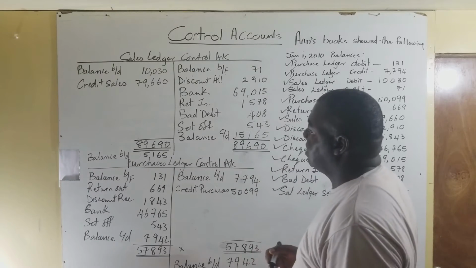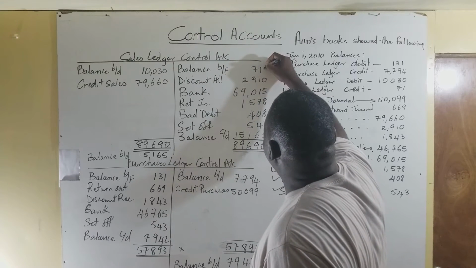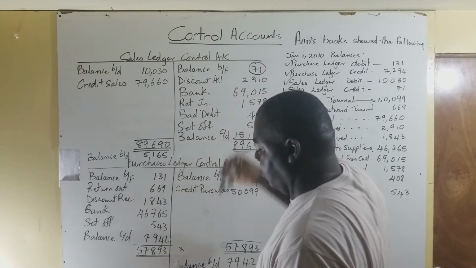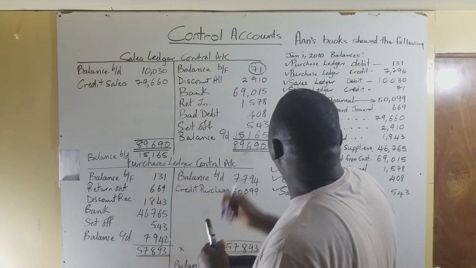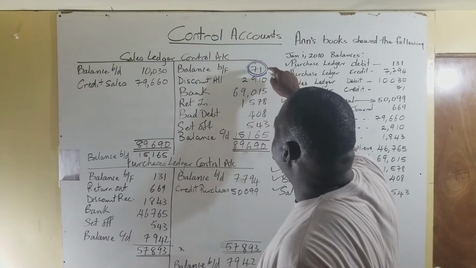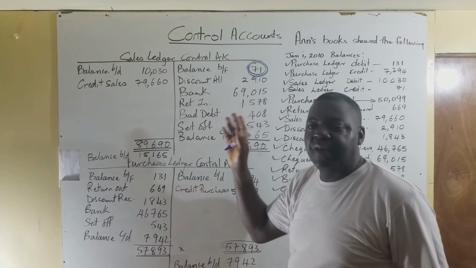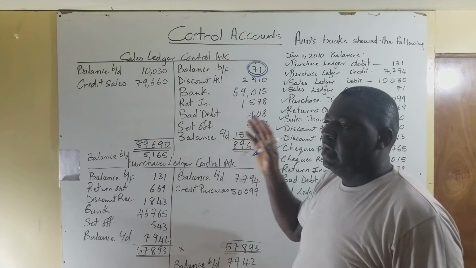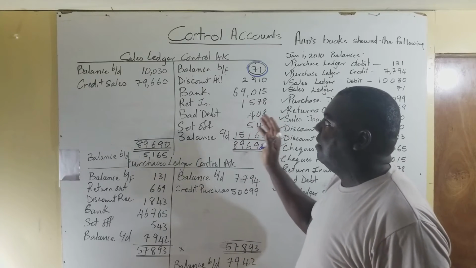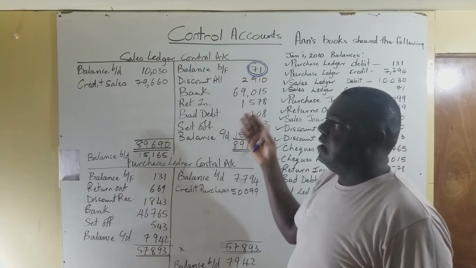So let's point out a few things here. As I said earlier, that 71 here is an error that was identified, a missing figure. Things were not calculated accurately when they did the previous sales ledger control.